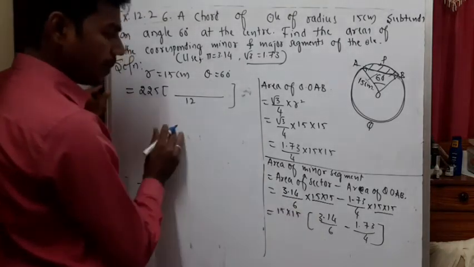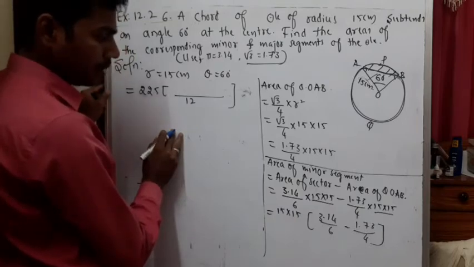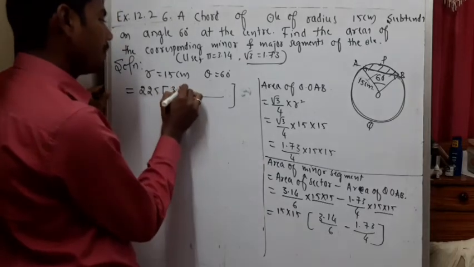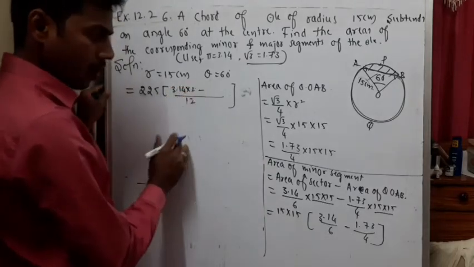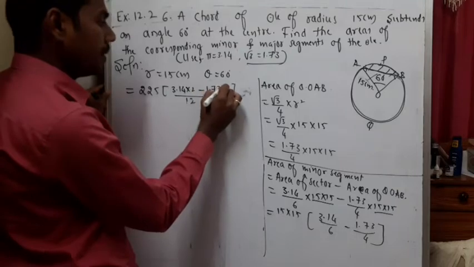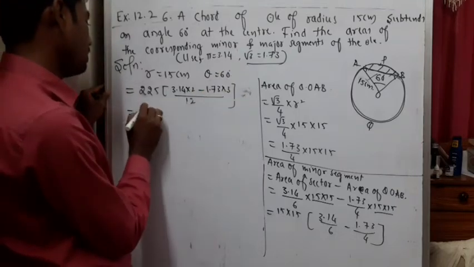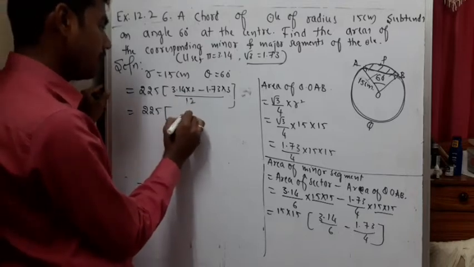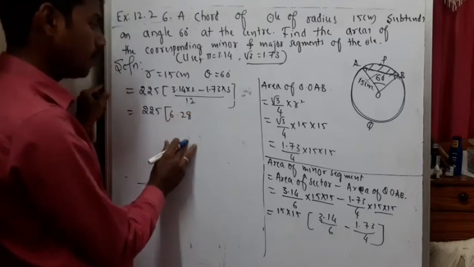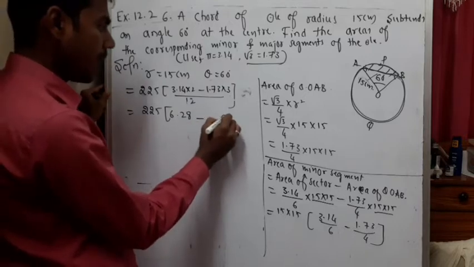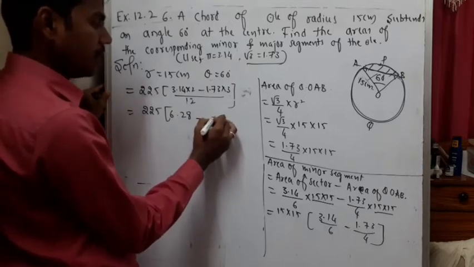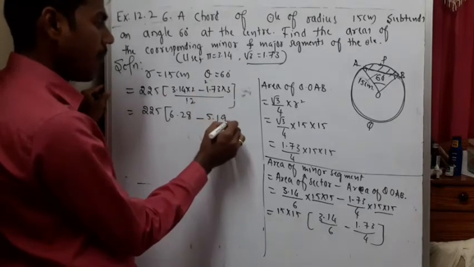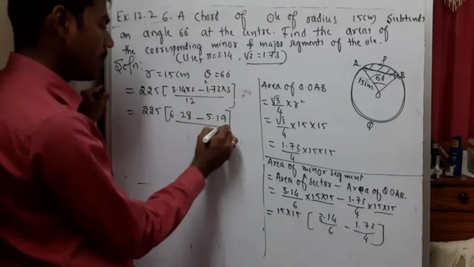6 2s are 12, so 3.14 into 2 minus 1.73 into 3. So that is 225 into, 2 4s are 8, 2 1s are 2, 2 3s are 6, 6.28 minus, 3 3s are 9, 3 7s are 21, carry 2, 3 1s are 3, this is 5.19, divided by 12.